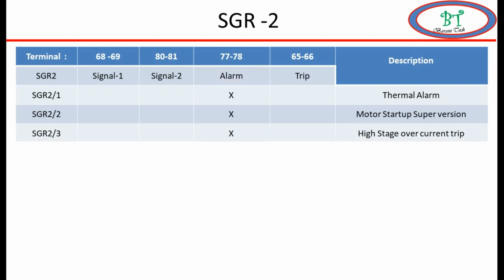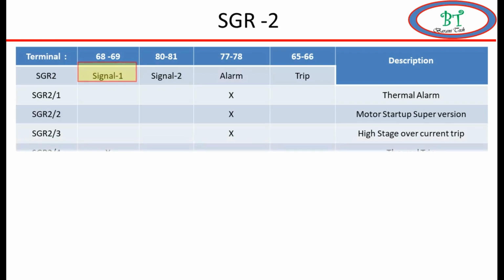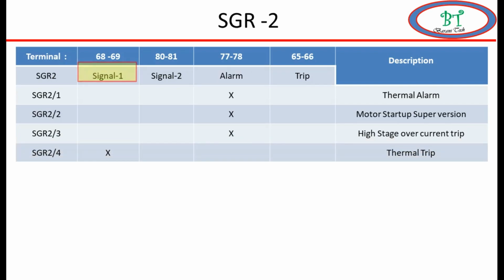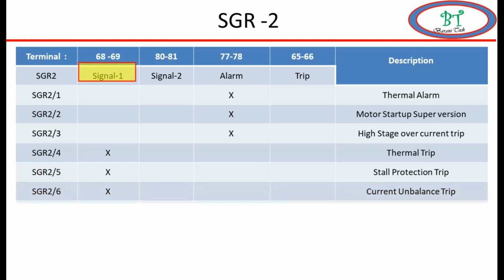Next, for SGR2/4, when we configure as 1, then the thermal trip is linked with the programming signal 1 on terminal 68 and 69. Next, when SGR2/5 we configure as 1, then the stall protection is linked with programming signal 1 terminal 68 and 69.